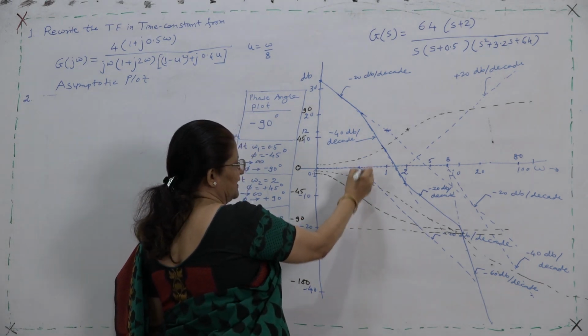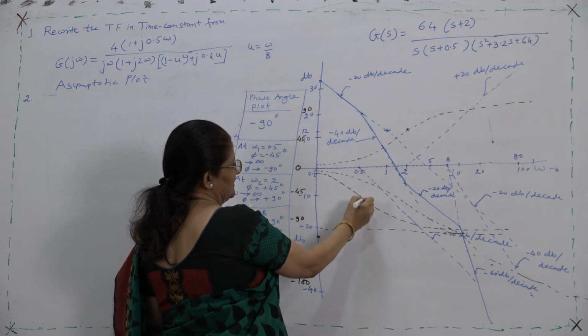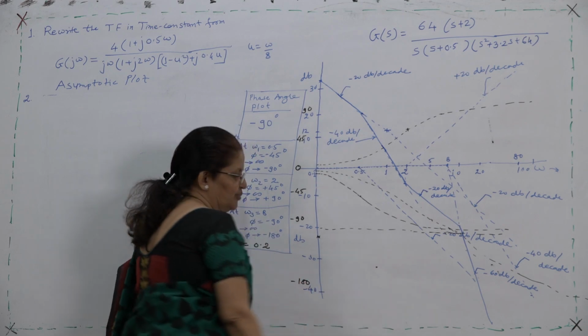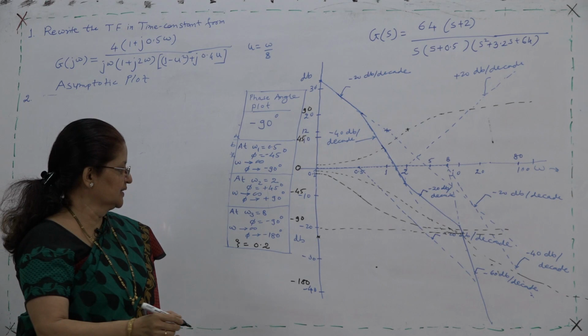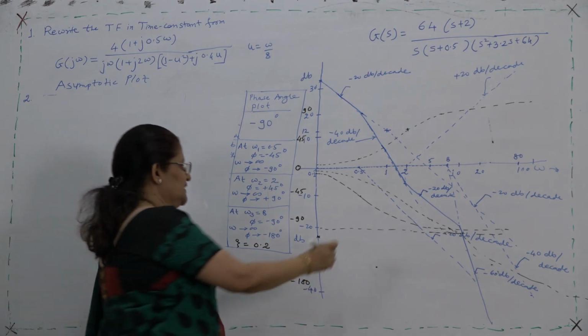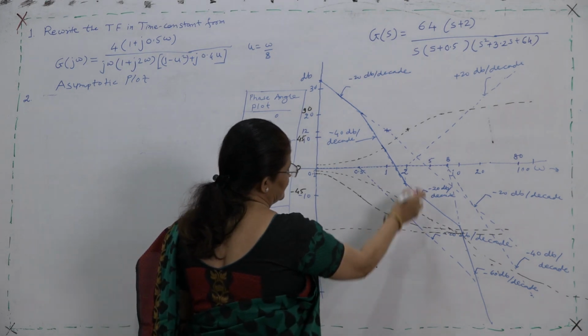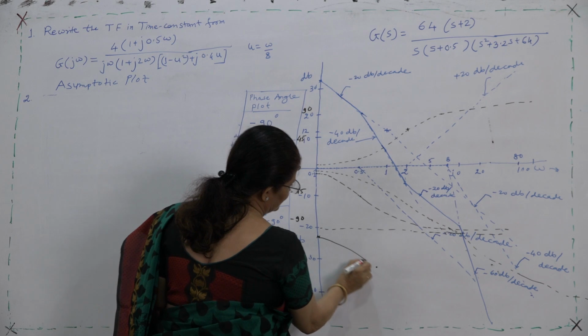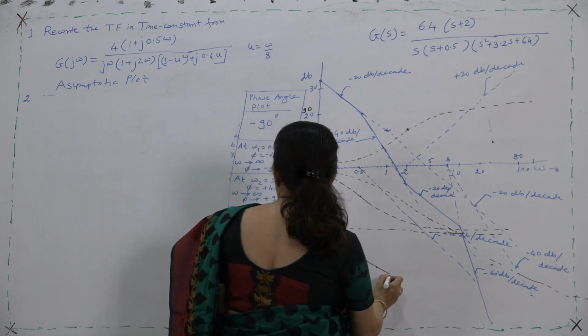Here this is more negative as compared to this, so you will get a more negative term. Actually you add here whatever values you are getting on the graph paper. So, considering that, you may get your phase plot somewhat like this.